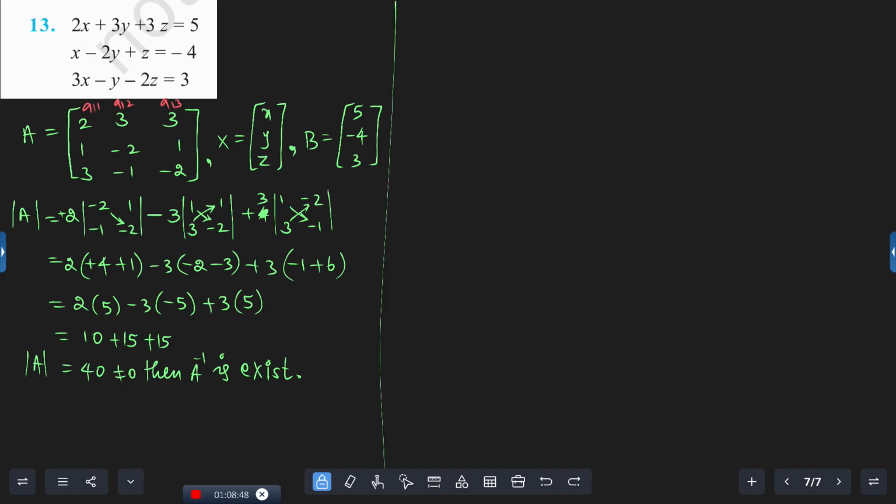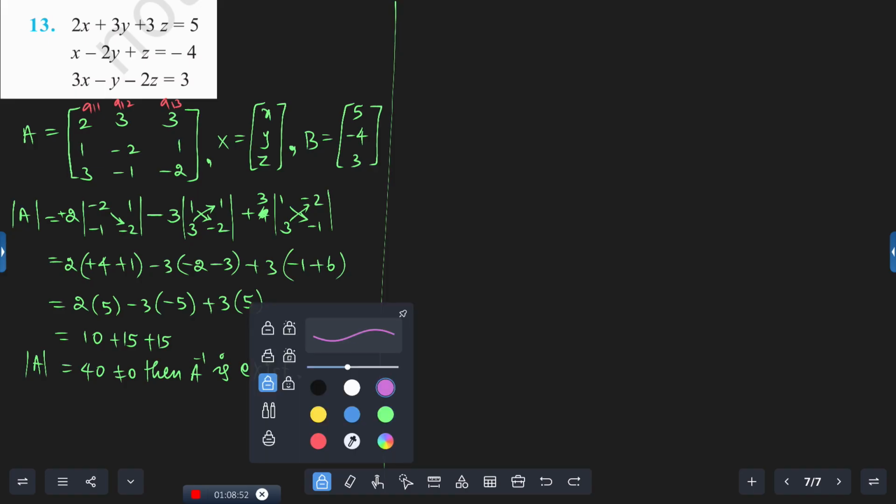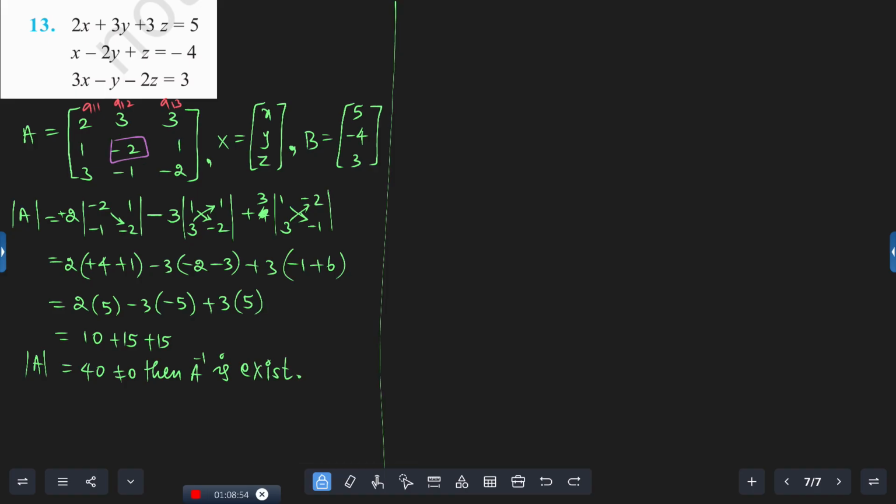For finding adjoint of A, first what do we have to do? Take the middle number, minus 2. Next number, 1, going row wise. After 1 again 1, then the starting number will be minus 2. In the same manner go to the third column: minus 1, after minus 1, minus 2, after minus 2, 3.